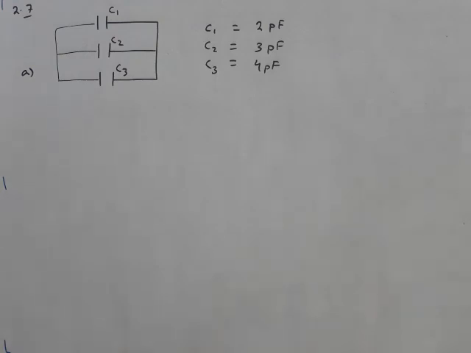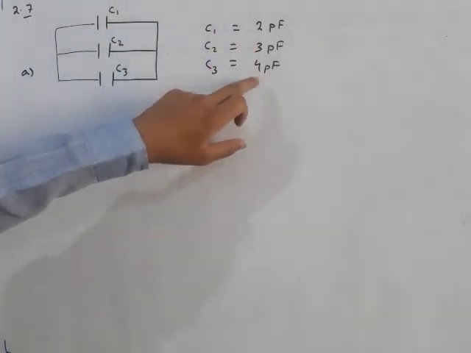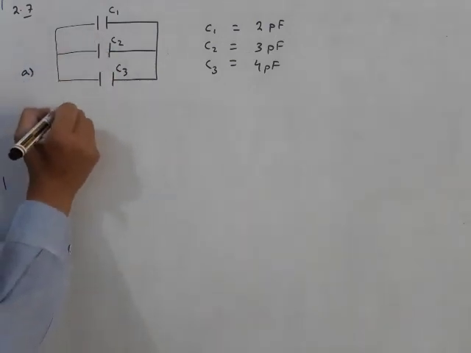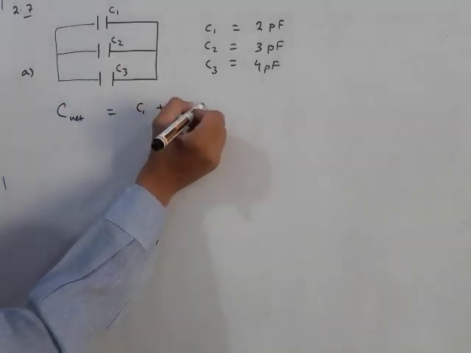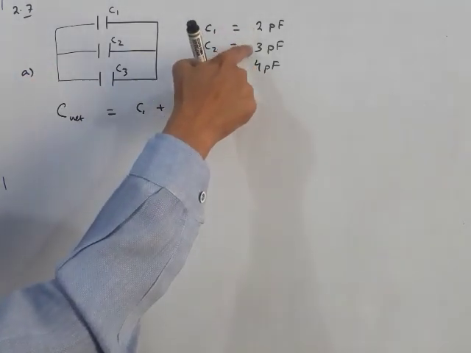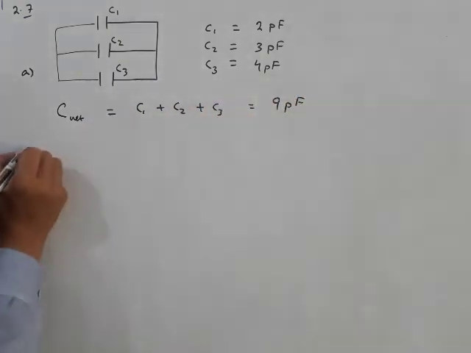The question is like this: there are three capacitors of capacitances 2 picofarad, 3 picofarad and 4 picofarad. They are connected in parallel. Part A that they ask is: what is the total capacitance of the combination? Since they are in parallel, total capacitance C net will be simply C1 plus C2 plus C3. That becomes 2 plus 3 is 5, 5 plus 4 is 9 picofarad as the answer.